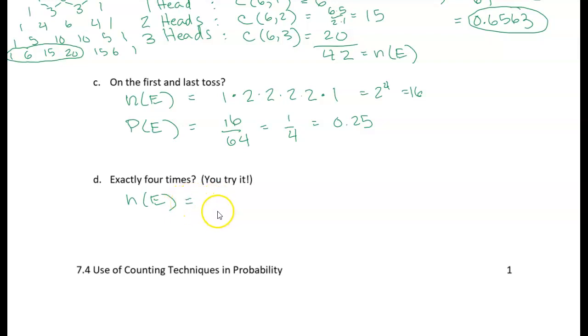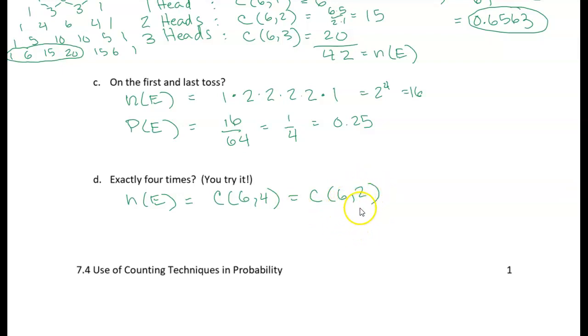Think about it in terms of you get 6 slots to fill, and you're going to fill 4 of them with H's. The rest are just going to be T's. It's essentially 6 choose 4, right? 6 slots, you're going to choose 4 of them, and the order in which you choose the slots doesn't matter. Now, if you think about our combinatorial identities that we talked about again in chapter 6, 6 choose 4 is the same as 6 choose 2.